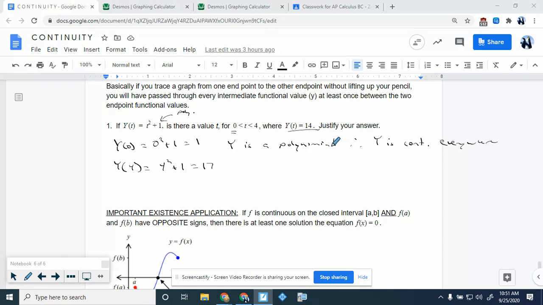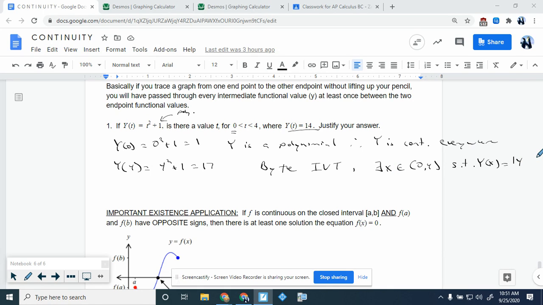This intermediate value, 14. So by the intermediate value theorem, there's going to exist some x on this open interval 0 to 4 such that y of x equals 14. I should have said t, but it really doesn't matter. Hopefully that makes sense.